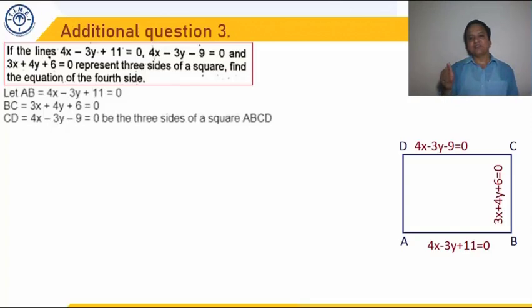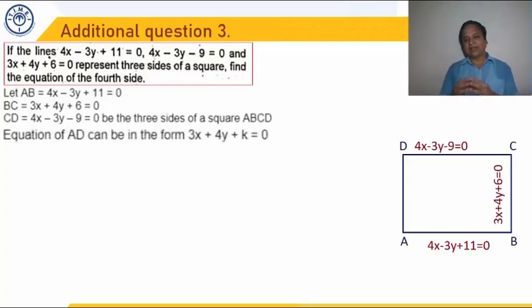Now 4x minus 3y plus 11 equal to 0 and 4x minus 3y minus 9 equal to 0 are parallel lines. And we assume the equation of AD, since AD is parallel to BC, is of the form 3x plus 4y plus a constant k equal to 0. That is 3x plus 4y plus k equal to 0.